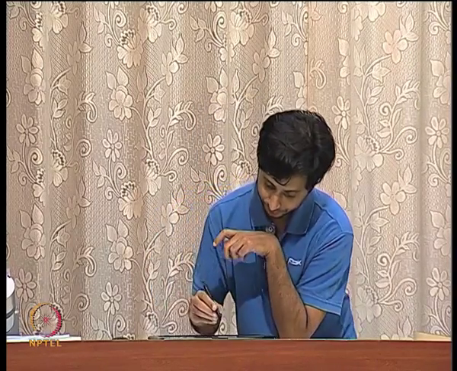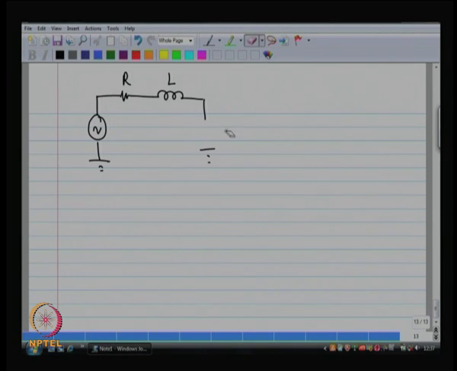Let us apply a voltage, and let us change the configuration a little bit. Last time we applied a current, now let us apply a voltage, and we are going to measure the voltage that I develop across the resistor.